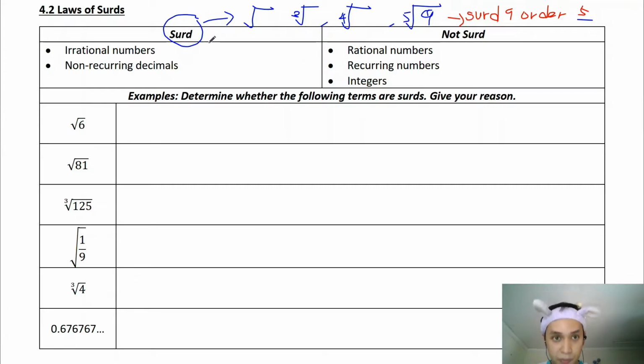The first thing that you need to know about Surd is how to identify whether the terms given are a type of Surd or not. There are conditions here.